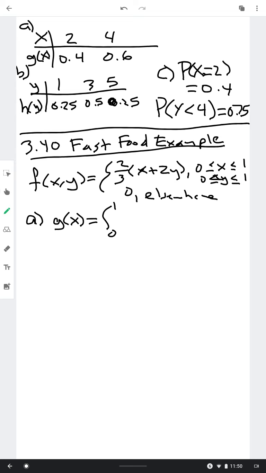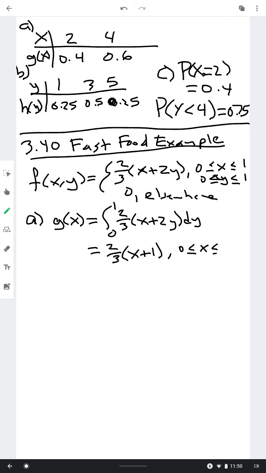That's going to be my limits for y of 2/3 (x plus 2y) dy. And that's going to be equal to 2/3 times the quantity x plus 1, where x goes from 0 to 1. Okay, this is our answer for this one.